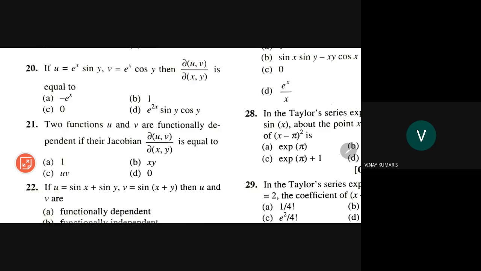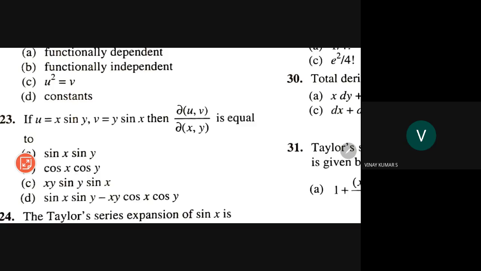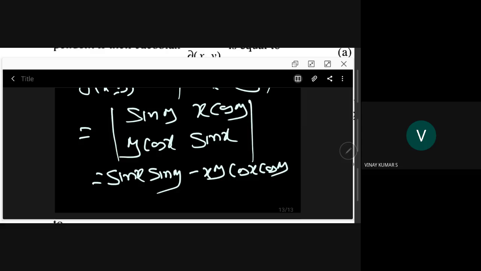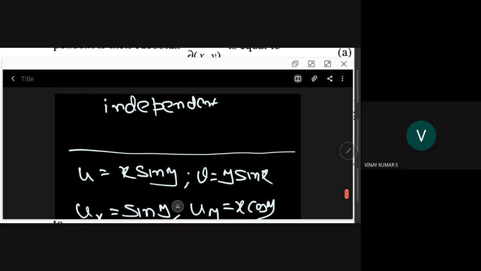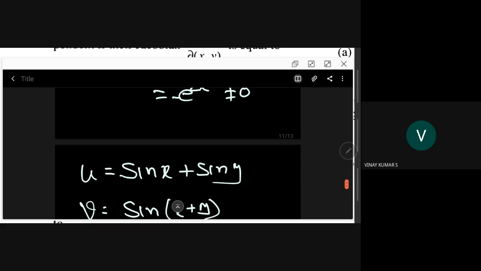This one, 23. u equal to sin x plus sin y. 22nd question. Yeah, sir. You want the solution? Yes, sir. The previous one from this. Yes, here.